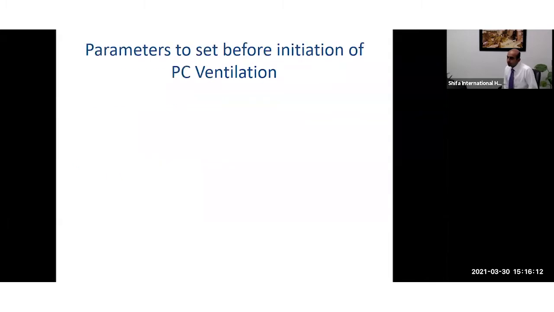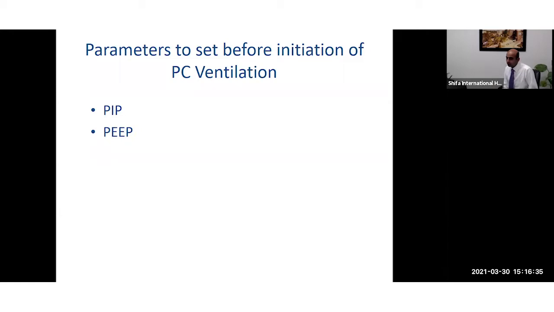So if we decide that we are going to start the baby on the pressure control ventilation mode, what are the different parameters that we will need to set on the ventilator? The first one would be peak inspiratory pressure, which is the maximum pressure generated during inspiration. Usually for preterm babies, it's around 18 to 20, and for term babies around 25 centimeters of water.